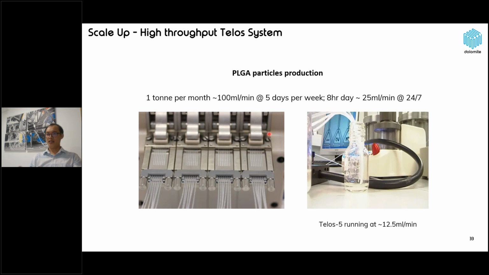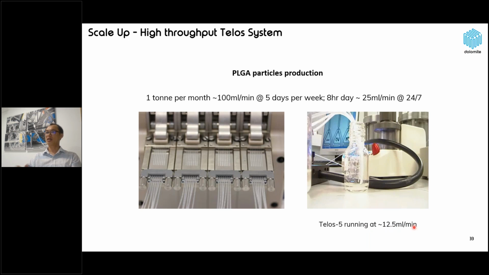Let's say if we want to make 1 ton per month of production, it means that we need to run at 100 milliliters per minute at 5 days per week, or we will need to run 25 milliliters per minute with 8-hour days at 24/7. In this case, our customer does the PLGA particle production using the 5 Tera chip and running at 12.5 milliliters per minute.